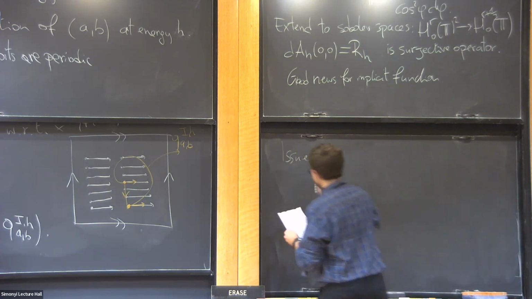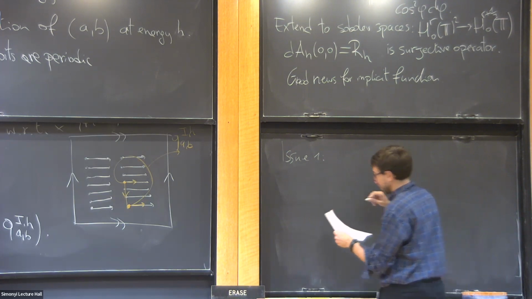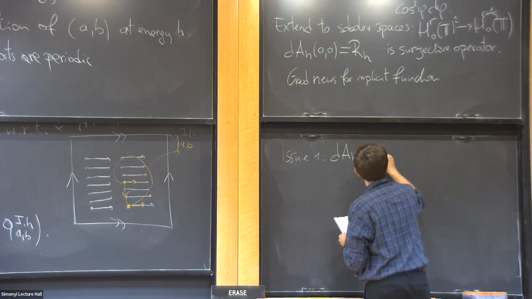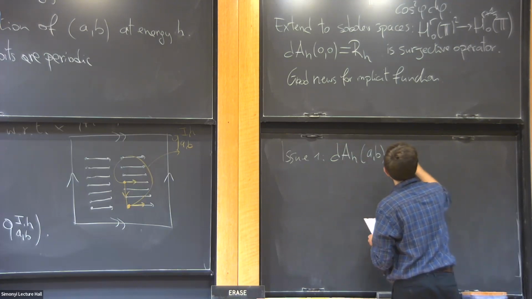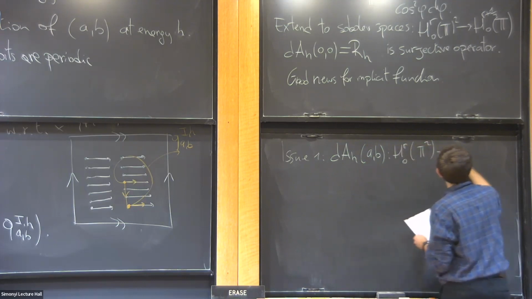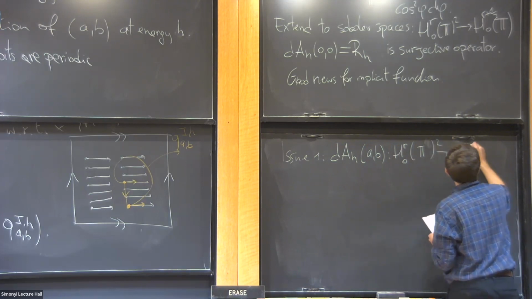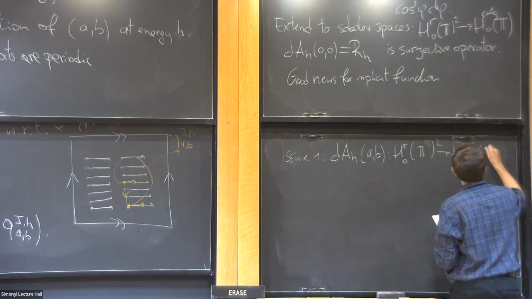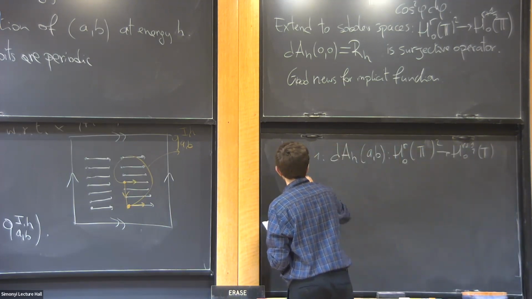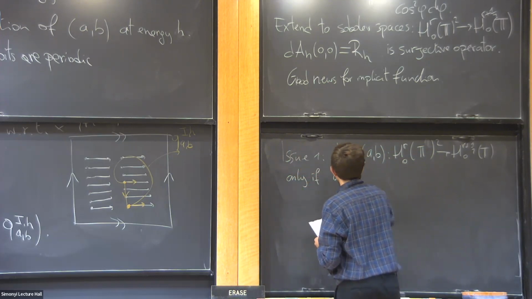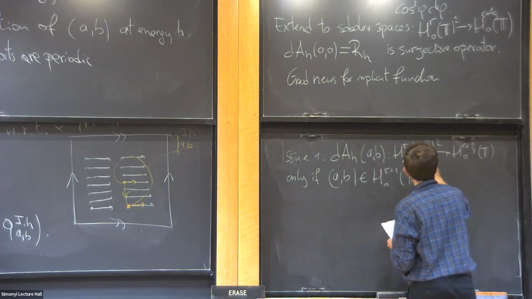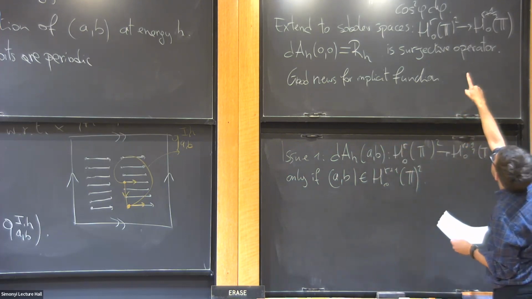But issue one: this thing is not C1, because if I take the differential at a nearby point and want it to go between the same spaces, then I need to have higher regularity on A and B. The reason is exactly that term over there.